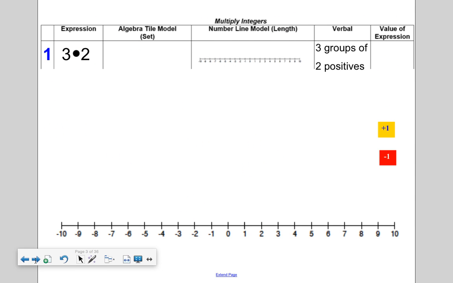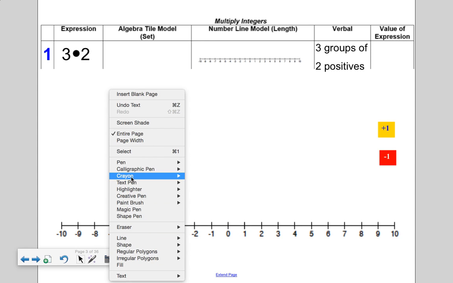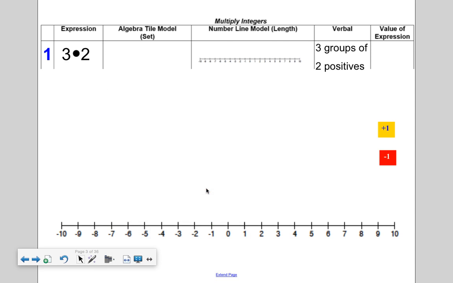So let's practice this. We're going to be practicing using a number line, and we may use tiles. 3 times 2. On a number line, how is this represented? Well, it says 3 groups of +2. So starting at 0, 3 groups of 2. One group of 2, second group of 2, third group of 2.